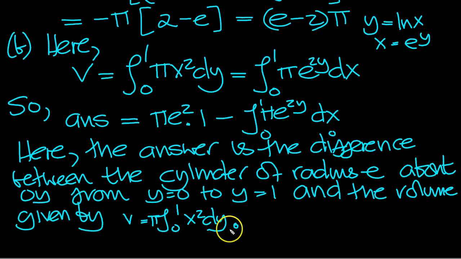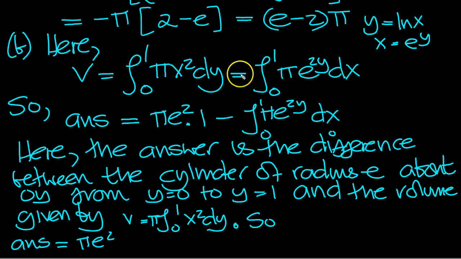So we now need to work out the answer. So answer equals then, let's write it down, let's integrate then, is pi e squared is the first term, minus pi e to the 2y, x squared dy. I've decided to write dx here, haven't I? So let's just change that here and here.